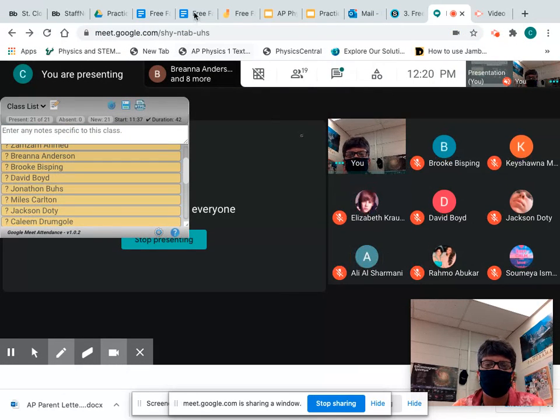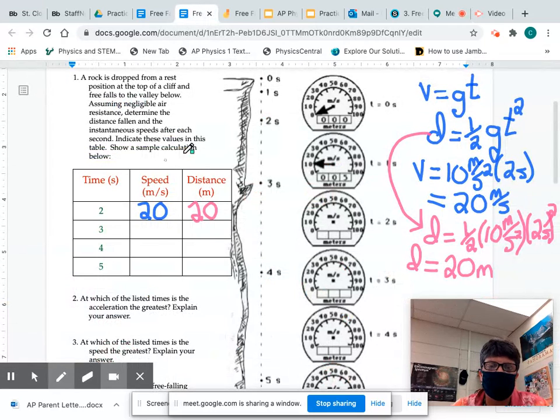And there we go. Okay, so which column do you want to fill in first, the speed or the distance? In the room, you get to tell me. Speed or the distance first? Speed. So what's the speed at 3 seconds? 30.